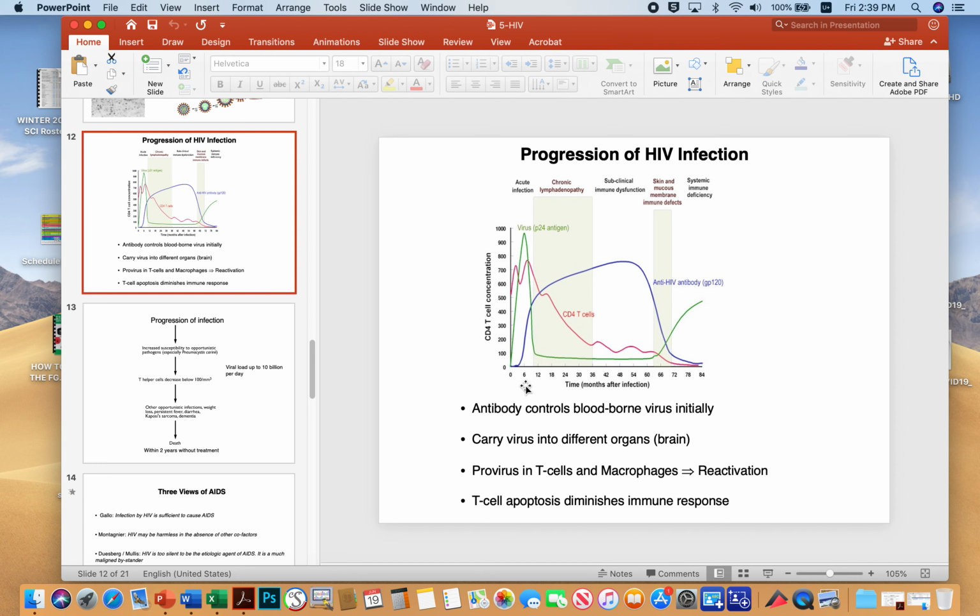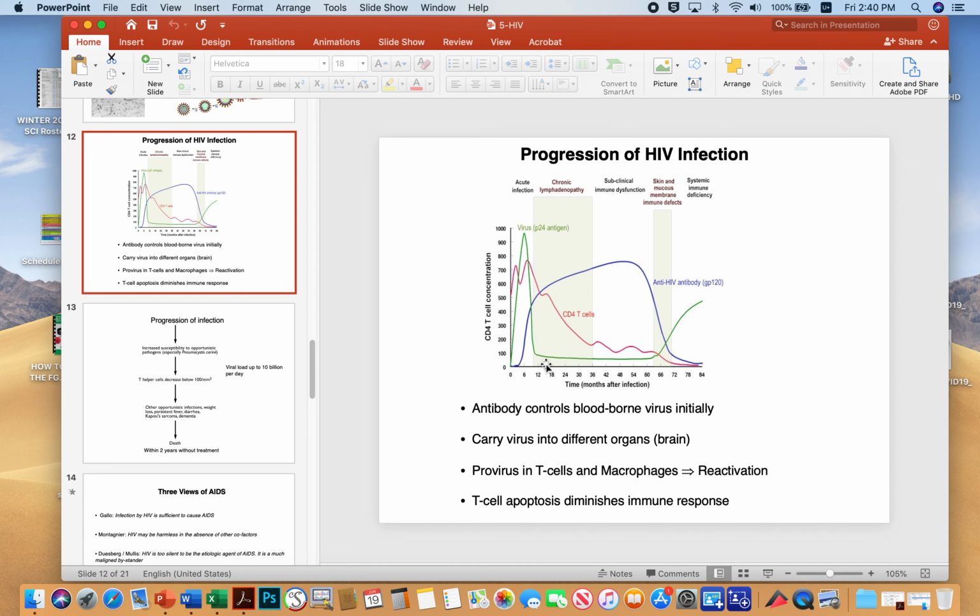And so initially what we see is a rapid rise in virus antigen in the blood. And this corresponds with some kind of shaky up and down growth of the CD4 T cells that are designed to fight the infection. But eventually, after a period of time, the virus antigen becomes undetectable in the blood.